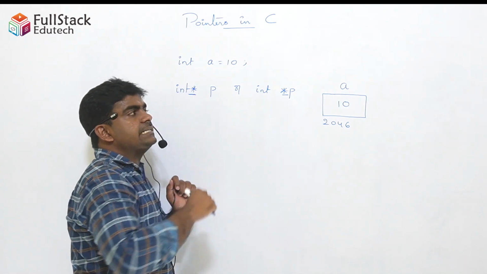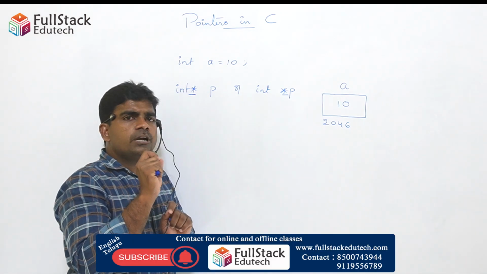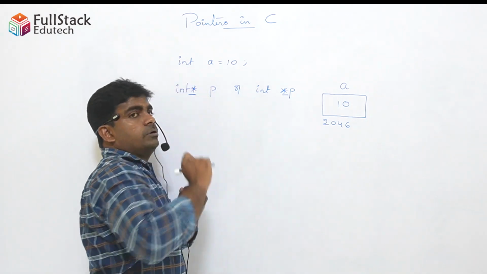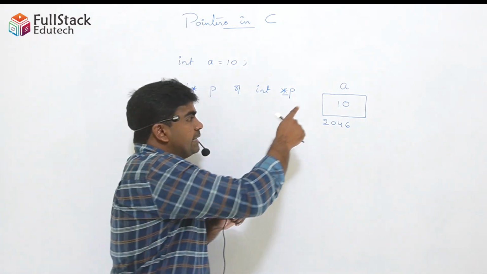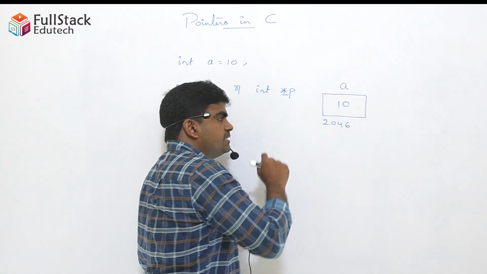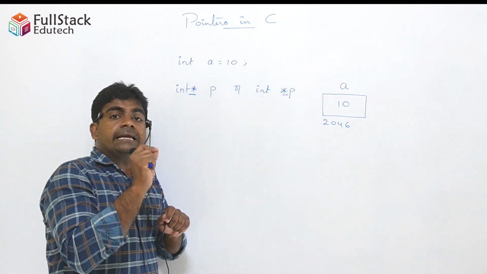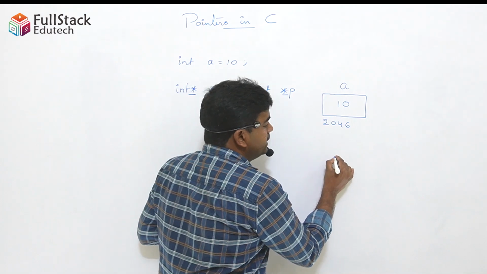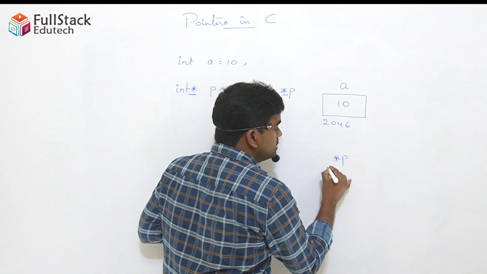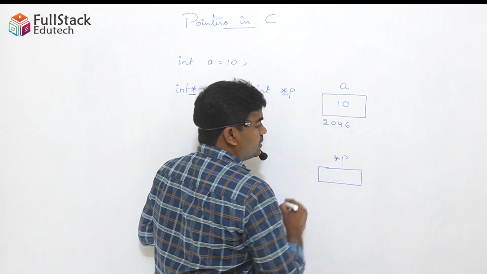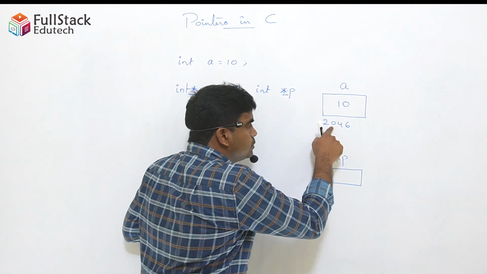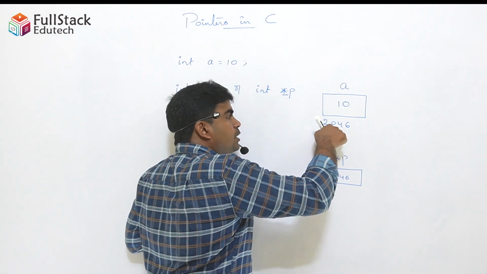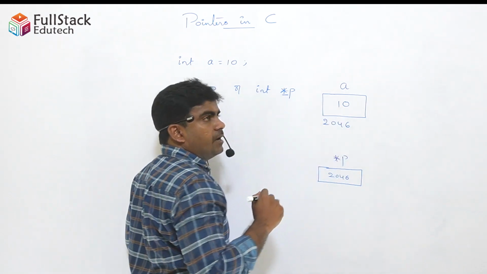Sir, why is it an integer pointer and what does a pointer actually store? If you want it to point to an integer data memory location, it should be an integer pointer variable. First thing, a pointer variable always stores an address. Suppose I want to store this address 2046 here, this location contains what type of data?